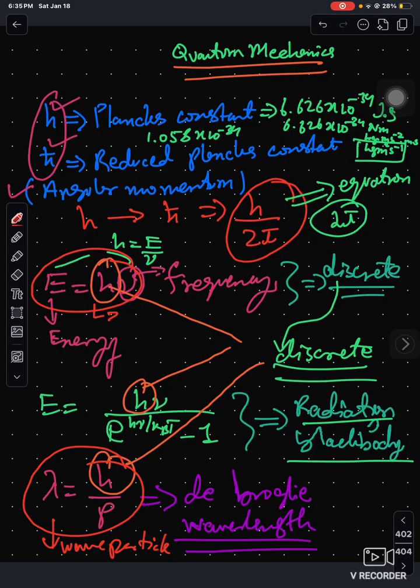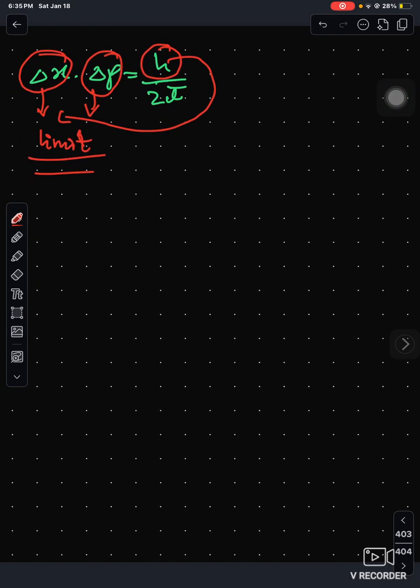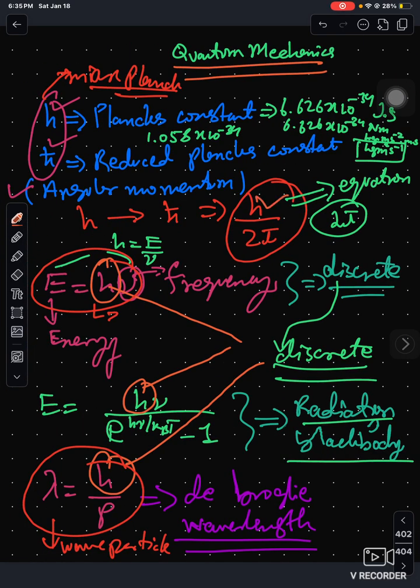Because of all this, Planck's constant h is based on Max Planck. These are where h bar and h are used.